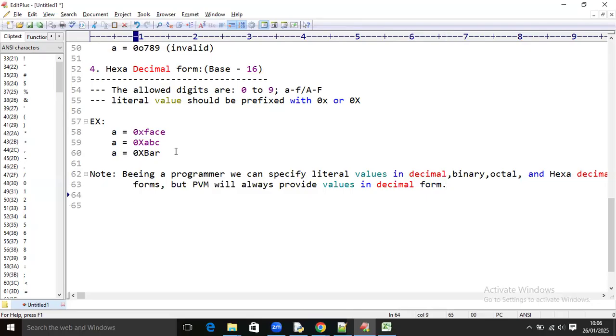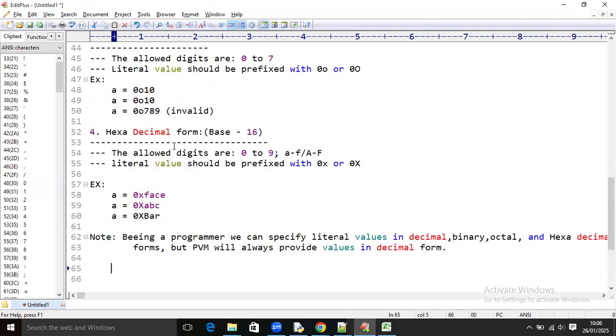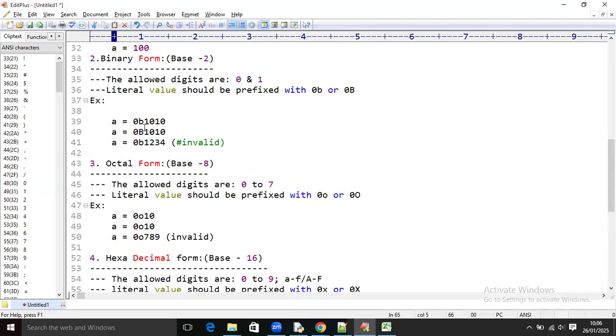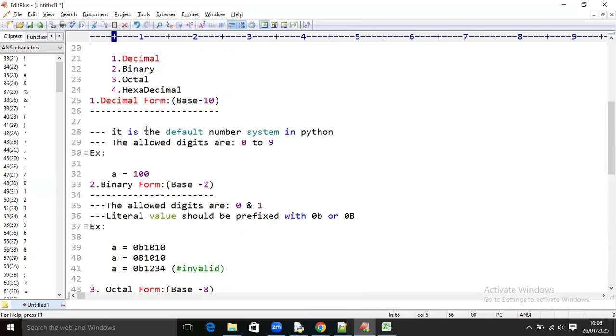Okay, example. These are the examples for octal, this one hexadecimal, this one binary, this one decimal.